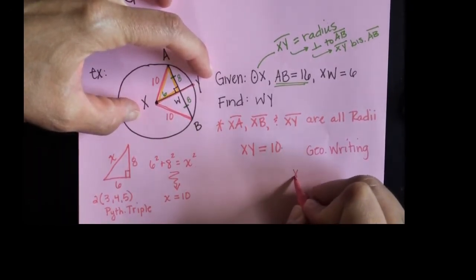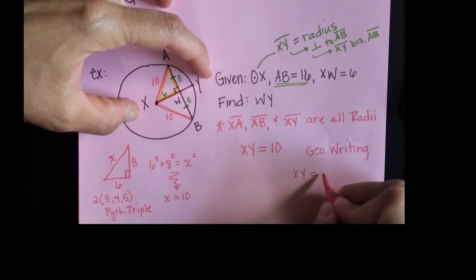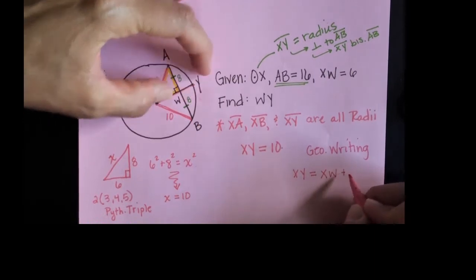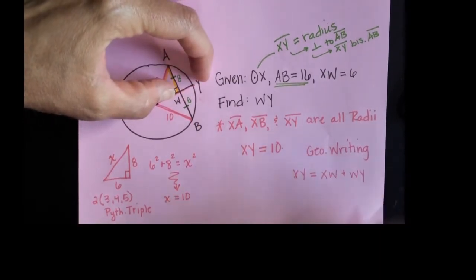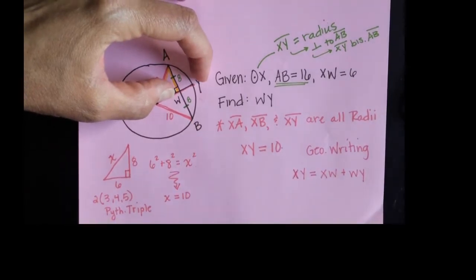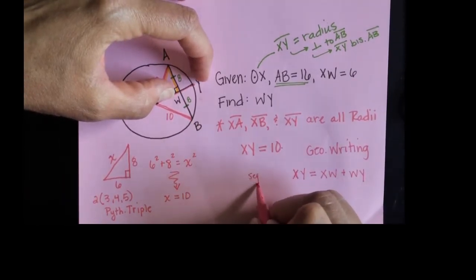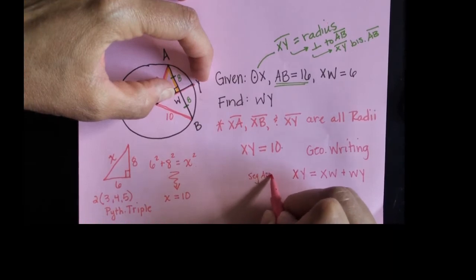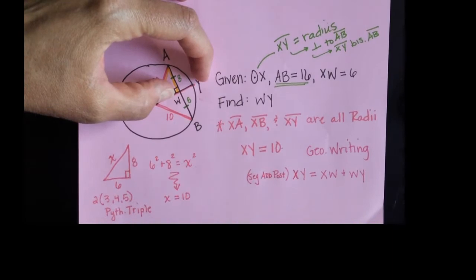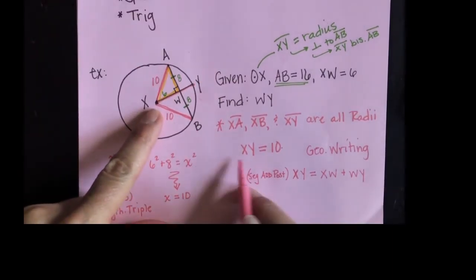Our full segment is XY. It's created by taking the smaller segment XW plus the other smaller segment WY. So that's our segment addition postulate. We plug in what we know.